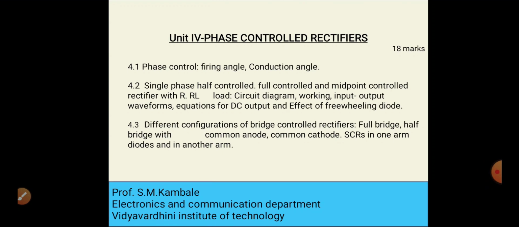Looking to the first point, there is firing angle and conduction angle. These are major parts, because by changing the firing angle or conduction angle we get the variable DC output. Firing angle is the angle at which the thyristor is turned on.